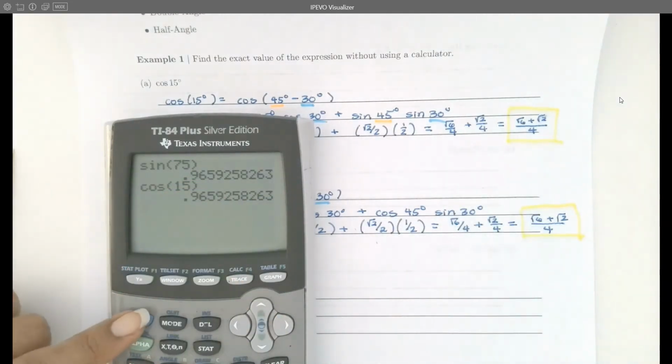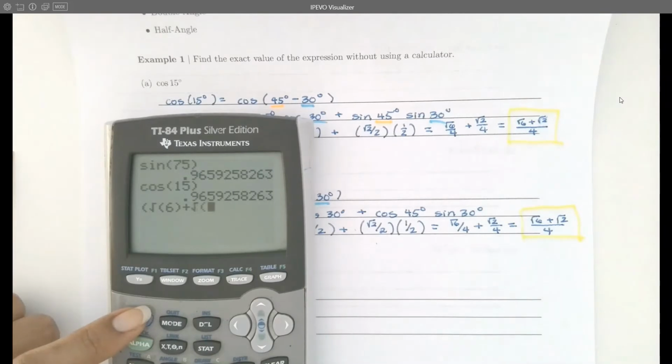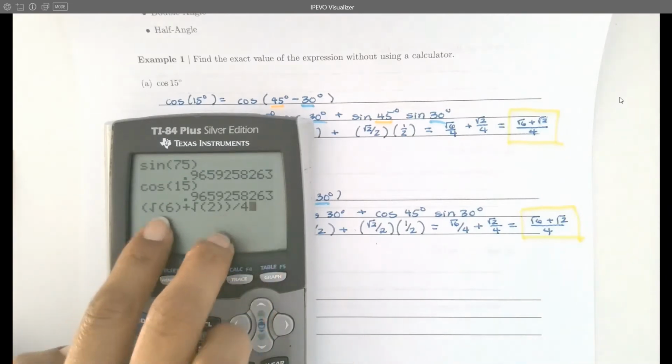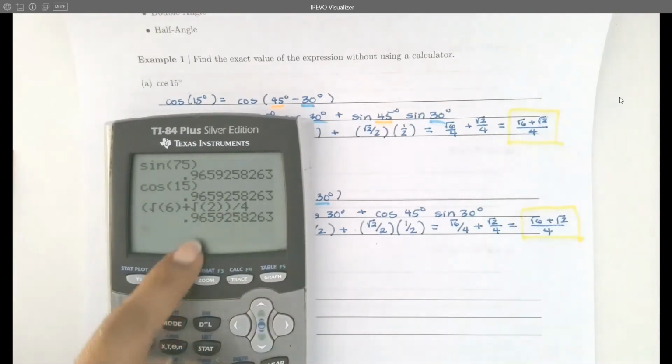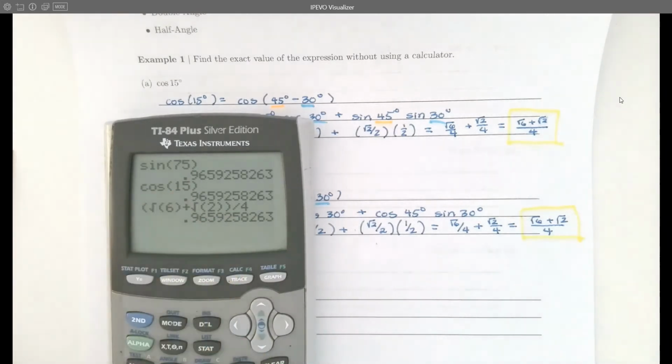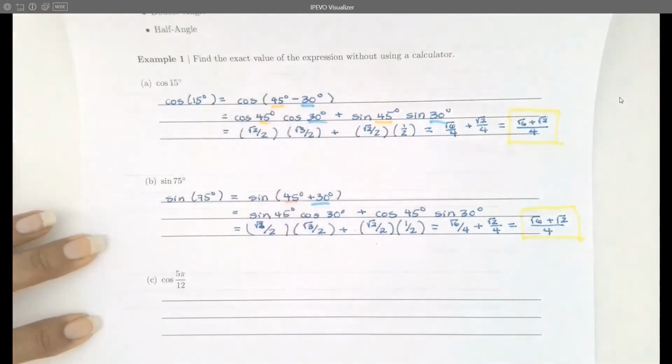And we can double check. So let's take the square root of 6 plus the square root of 2 divided by 4. Make sure that you group the numerator together, otherwise you're just going to divide the radical 2 by 4. So grouping the numerator together gives us this decimal, which agrees with the cosine and sine. Okay, so that looks good.